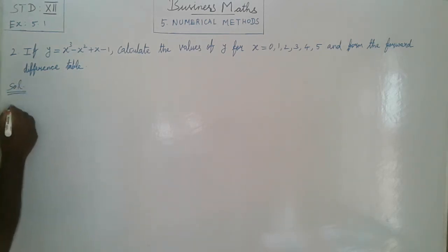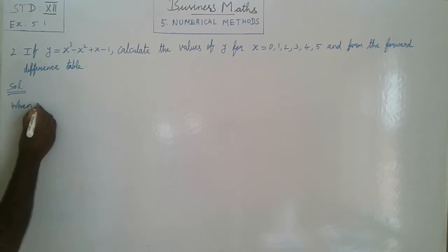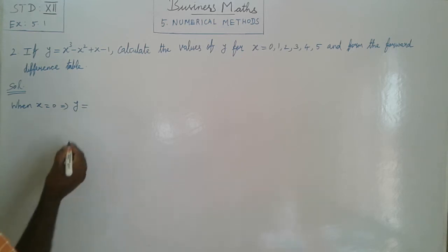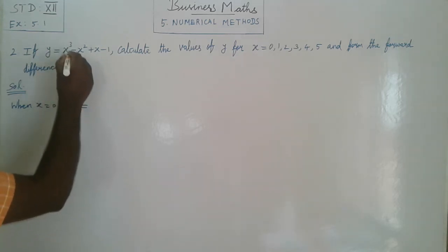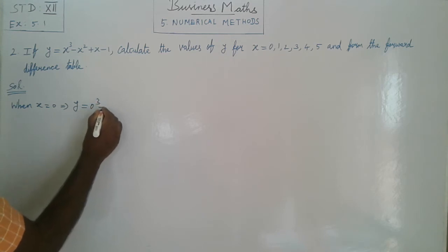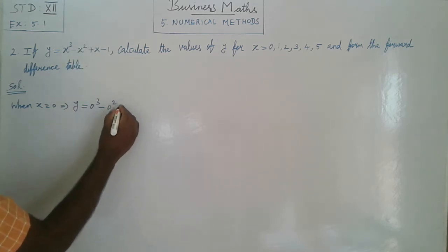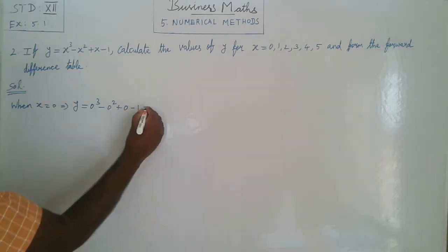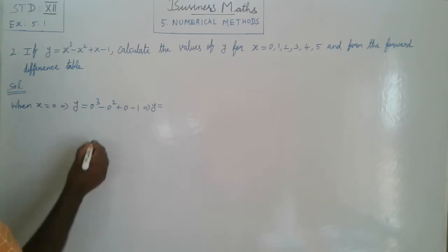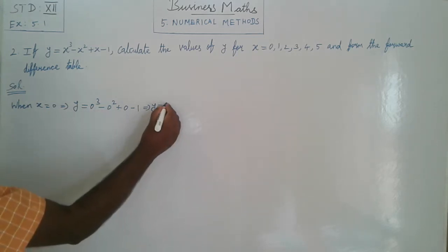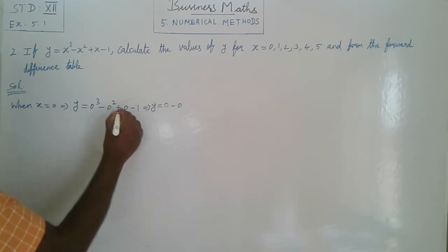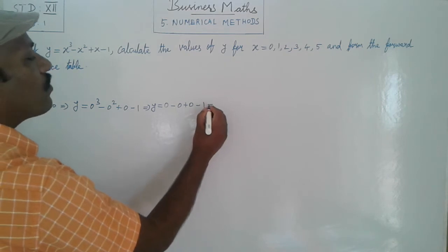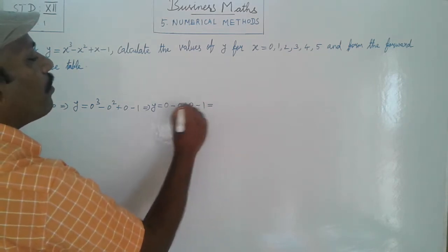Solution: when x equal to 0, then y equal to 0 cube minus 0 square plus 0 minus 1. That implies y equal to 0 minus 0 plus 0 minus 1. So the value is minus 1.